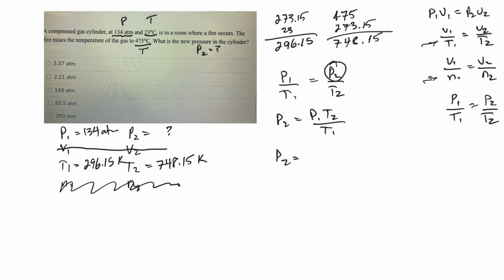So pressure 1, 134 atmospheres, times temperature 2, 748.15, divided by temperature 1, 296.15 Kelvin. The Kelvins cancel. So let's do that on our calculator.